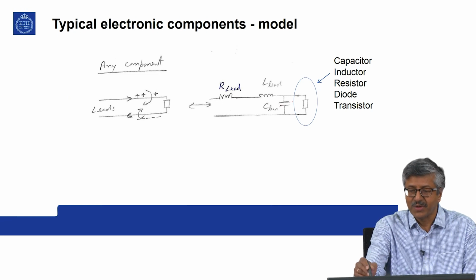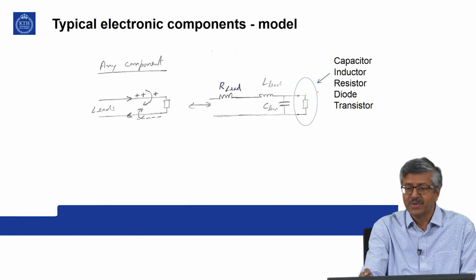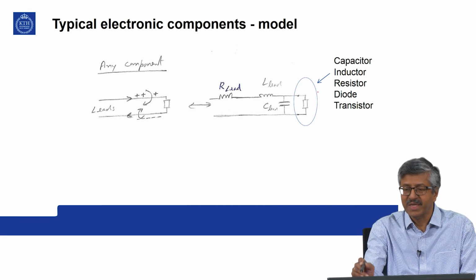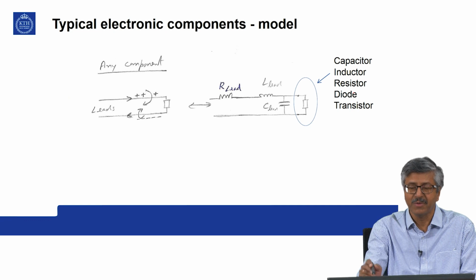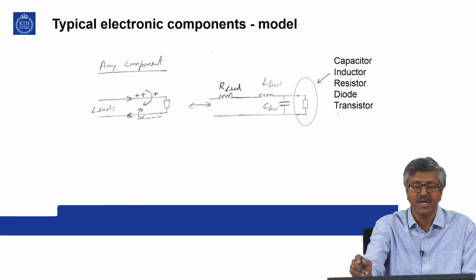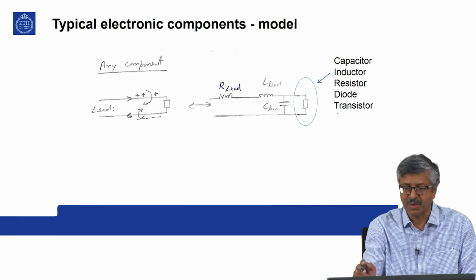Then after that you have your real idealized component. It can be a capacitor or an inductor, resistor, diode or a transistor, it can be anything. Here we will consider the first three: capacitor, inductor and resistor. Then you may have some more parasitic elements depending upon the type of construction used in creating these components.